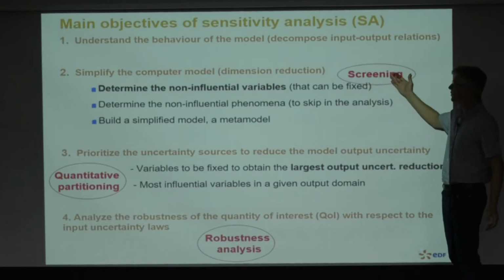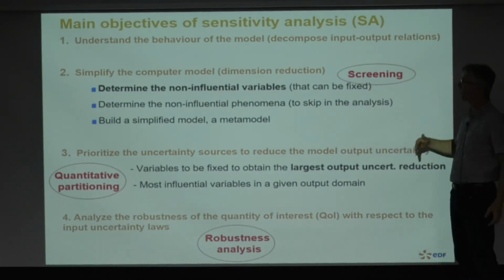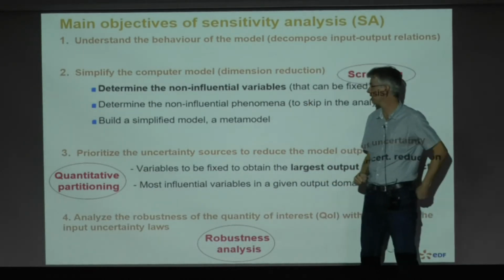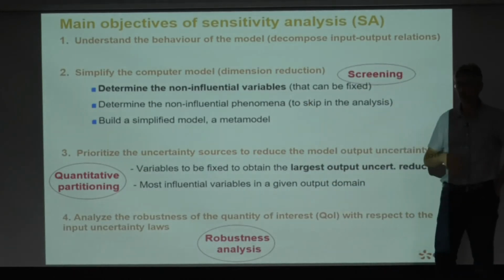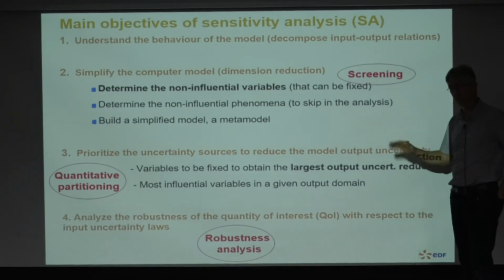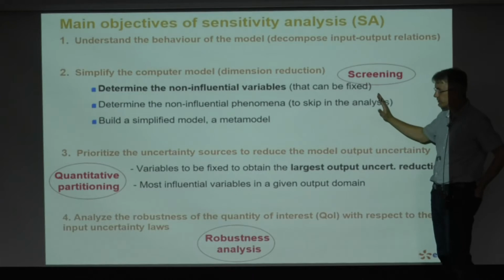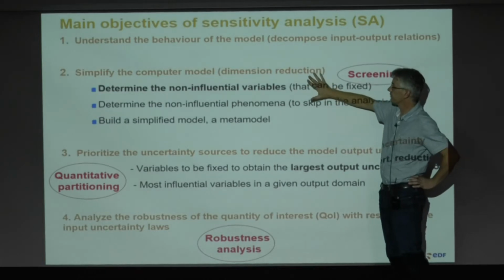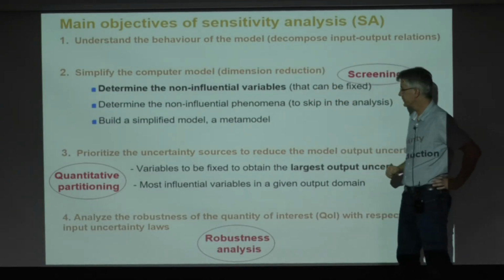So this is called the screening step. The screening step allows to determine the non-influential variables. Of course you can use a standard statistical technique as lasso or other things. It's very similar. But we are in a slightly different context sometimes. So the goal is to simplify your model G.